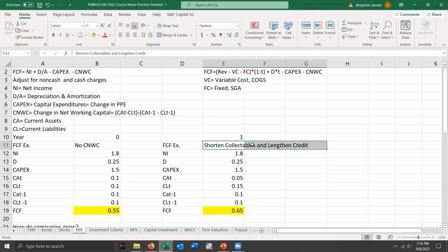Dr. Jansen. Yes. So here they decrease the current assets, but increase their current liabilities. So technically, isn't that like decreasing the amount of money received now, almost in a way?